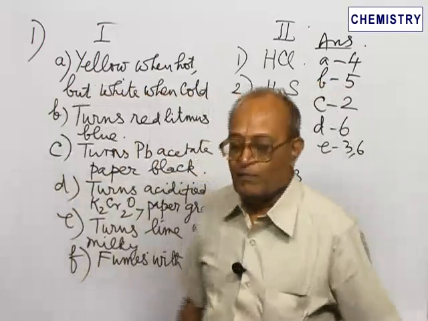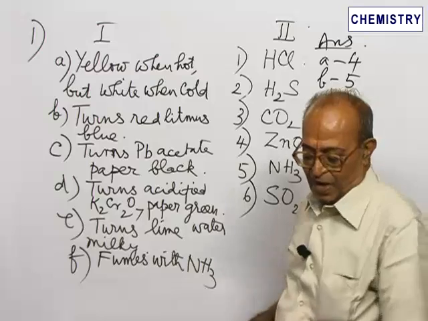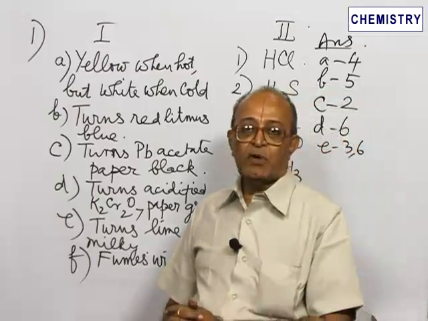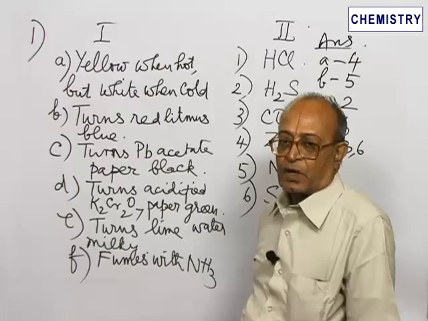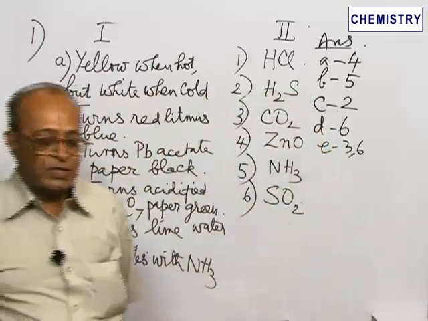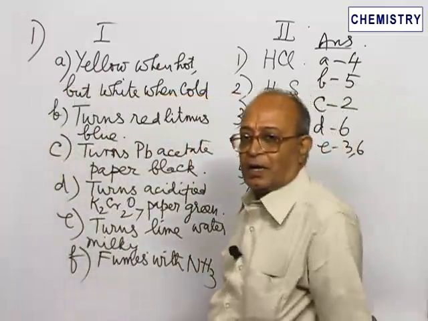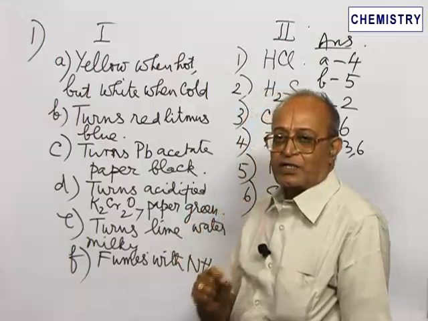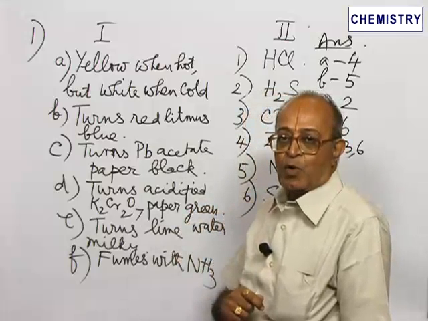F, last one, fumes with ammonia. Now suppose I take a salt containing chloride radical like NaCl. You heat it with sulfuric acid. NaCl plus sulfuric acid will liberate HCl. And the characteristic test for hydrogen chloride gas is it fumes with ammonia gas.